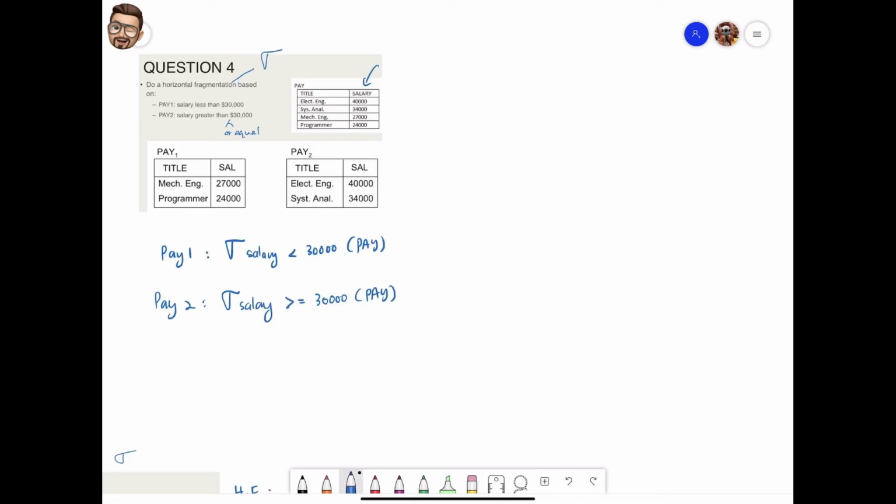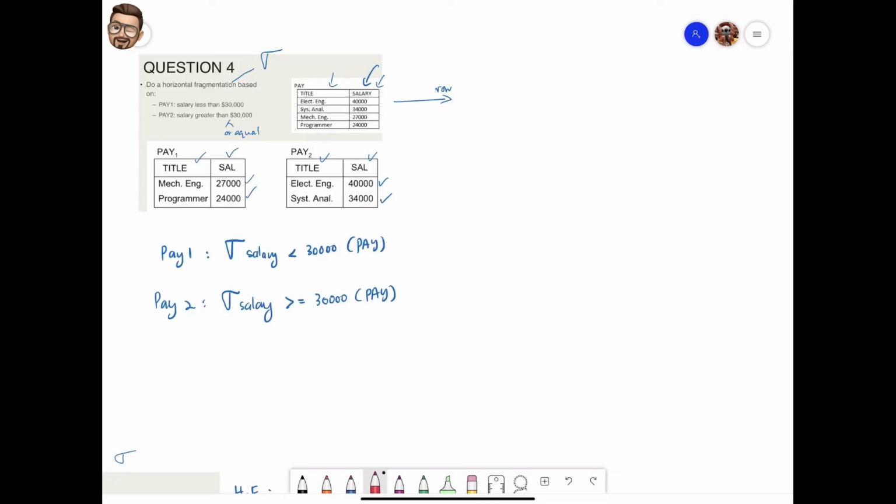So if you take a look now, as I said, horizontal, we divide the rows. When you divide the rows, you will have the same schema. The same columns: number, title, salary. The first one, salary less than 30k. The second one, salary greater than or equal to 30k. So these are the fragments that we have, pay 1 and pay 2.